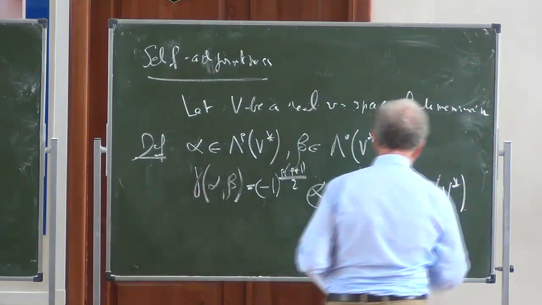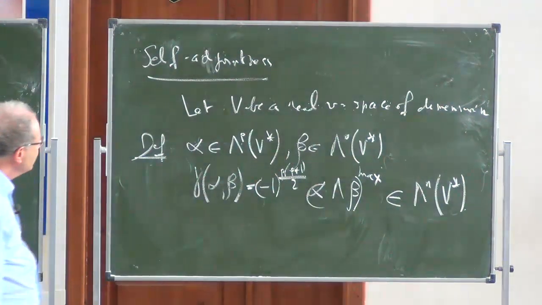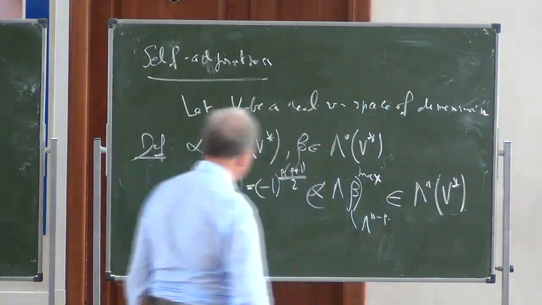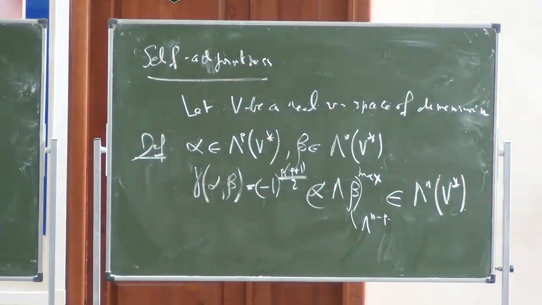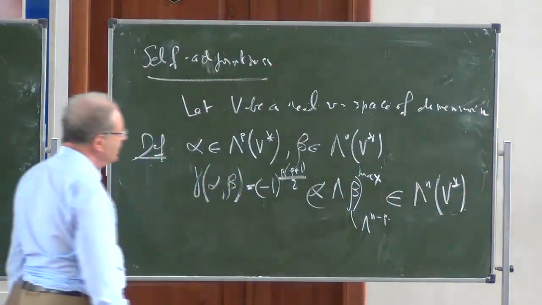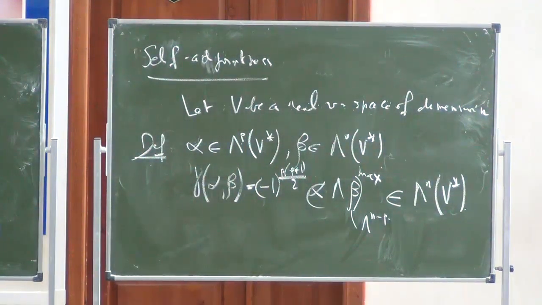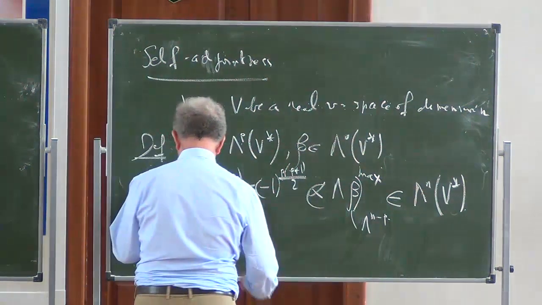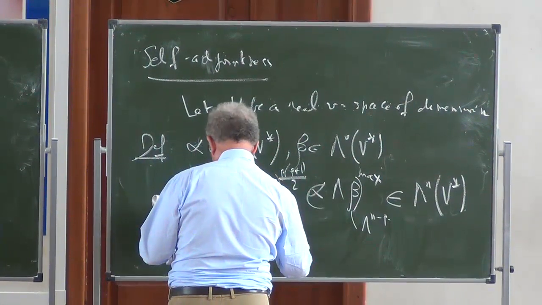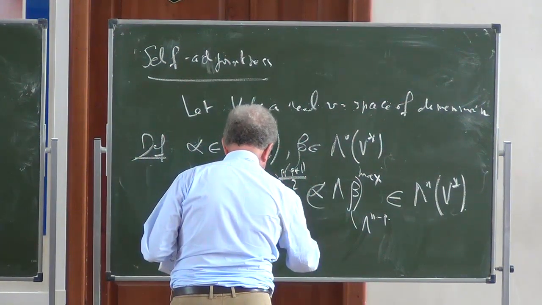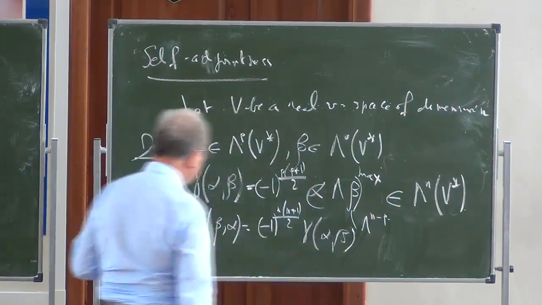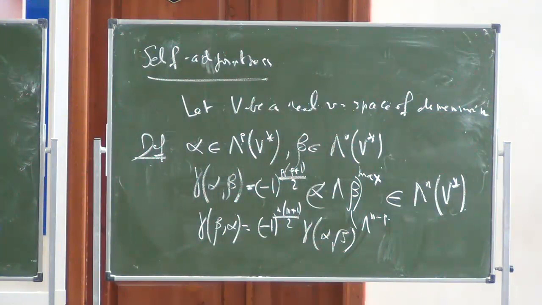So in other words, to get a non-zero term, I need beta to be in lambda^(n-p). Obviously the intersection product, alpha wedge beta, is not a symmetric form. There is a sign, but you can check easily that you have gamma of beta and alpha given by (-1)^((n+1)/2) gamma of alpha and beta. This is an exercise.